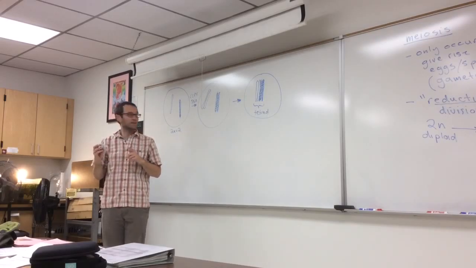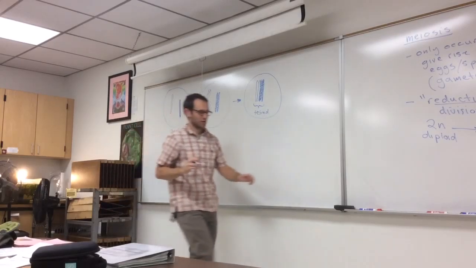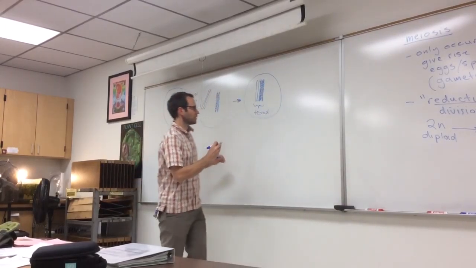And if you were to think about it on the DNA double helix level, I don't know if this is actually going to work, but I'm going to try it. It would look like this.